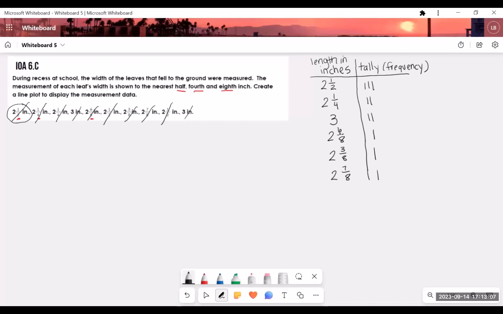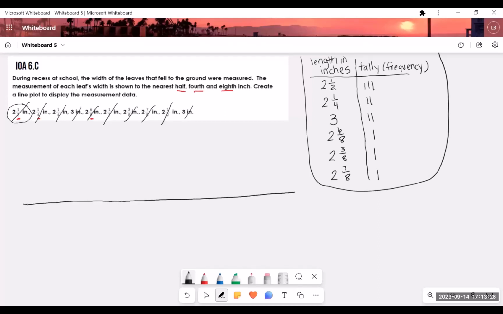Okay, so this is going to help me when I start to make my line plot. I can just go back quickly up there and see how many X's to show on my line plot for each measurement.